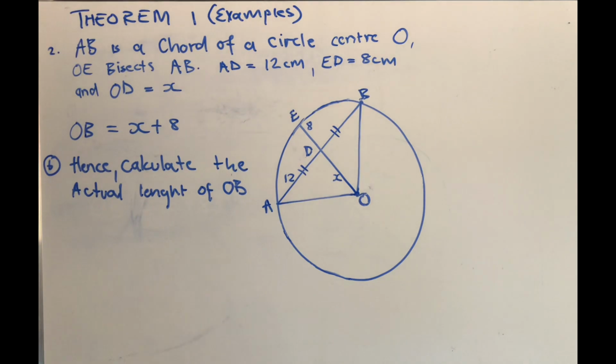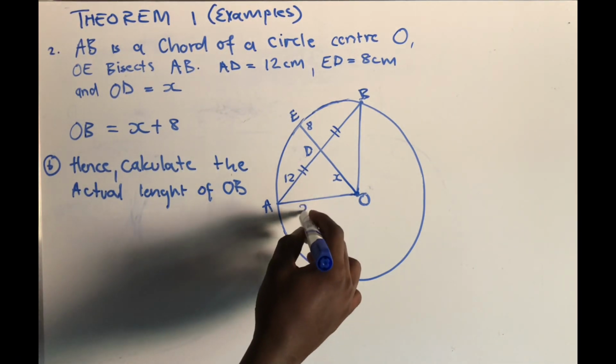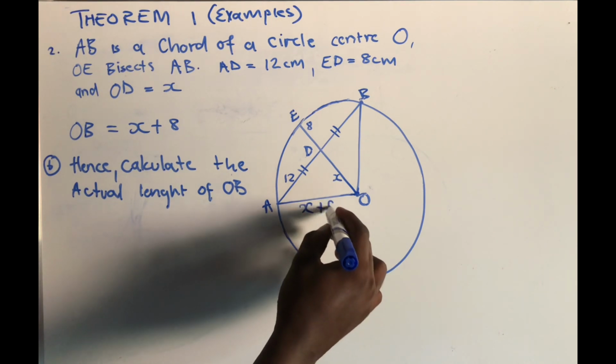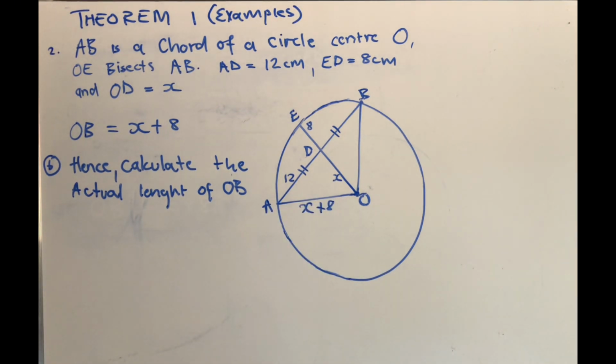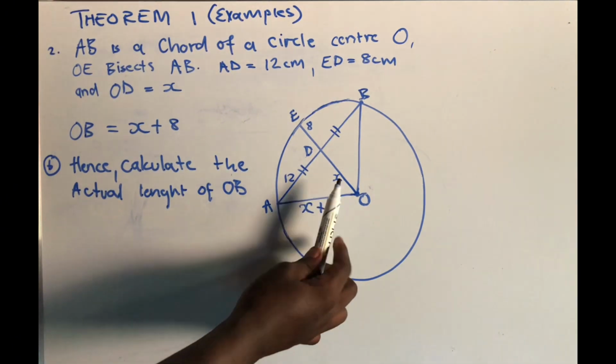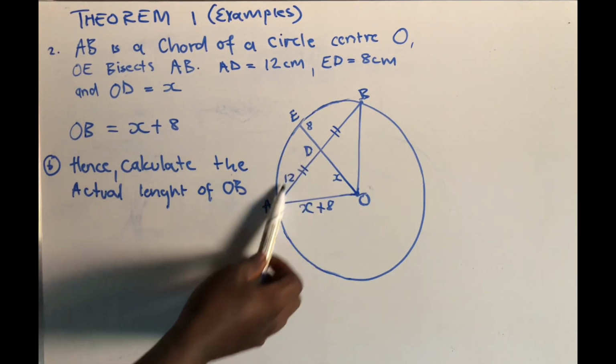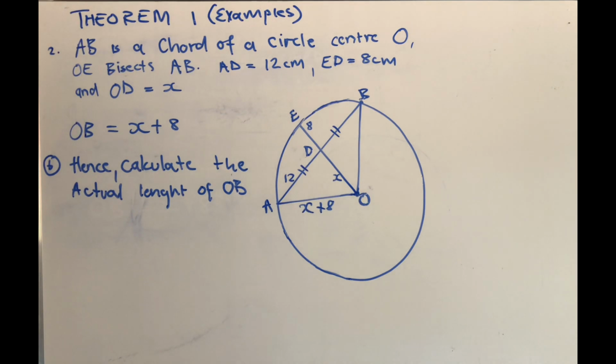OA is also a radius. That means OA is also X plus 8. Hope we are together in this one. Now we have this side, and this side. We can use the so-called Theorem of Pythagoras to get the value of X.